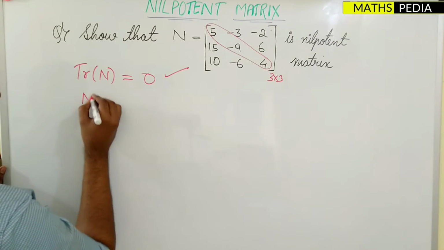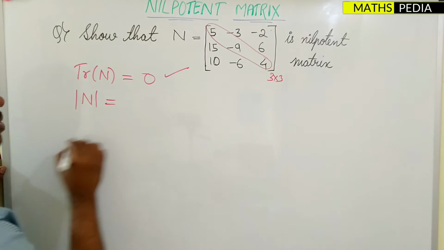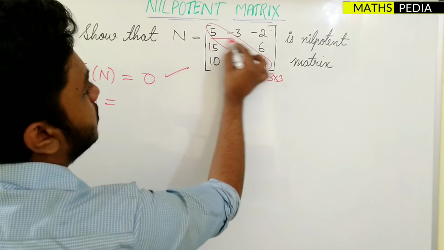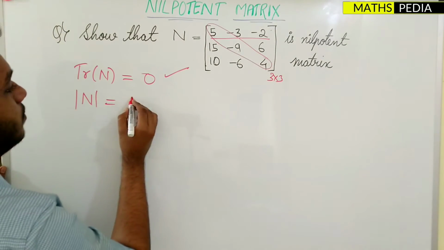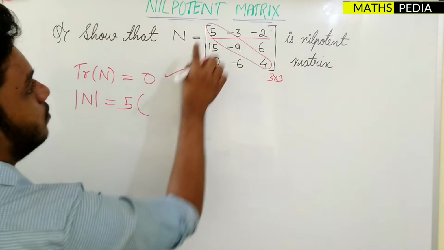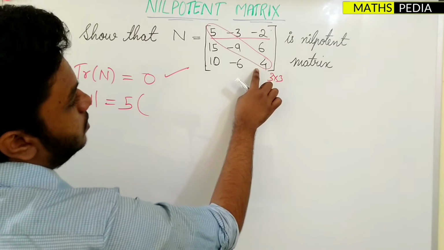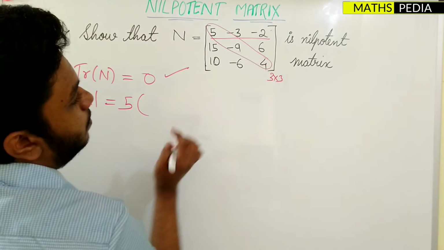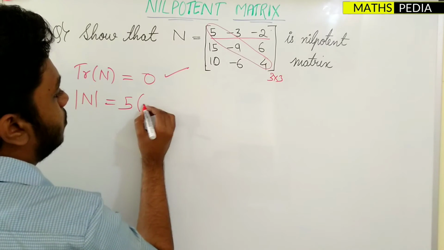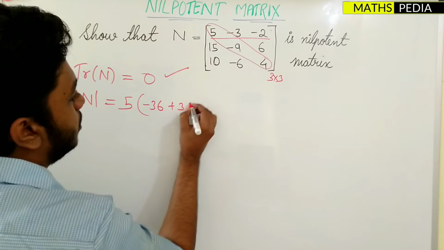Next one, determinant of N. We'll expand from the first row. So 5 into the first element into this will be 30 minus 36 plus 36, so minus 36 plus 36.